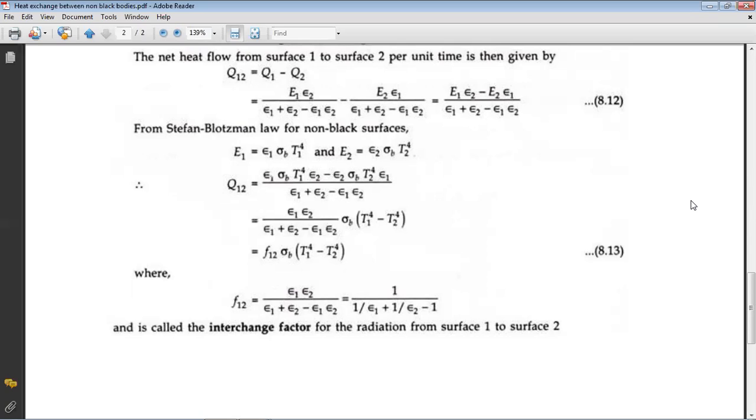Now, we also need to discuss a little about shape factors and their properties. I have already discussed the definition of shape factor. It is nothing but the fraction of radiative energy that is diffused from one surface and strikes the other surface directly with no intervening reflections.